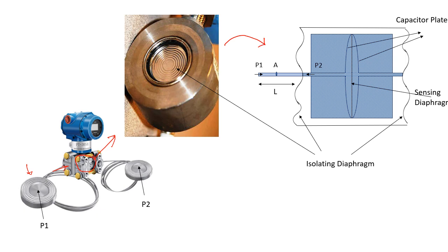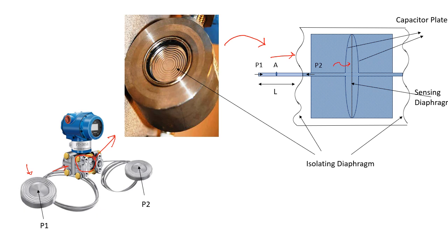So pressure is first exerted on the isolating diaphragm. It transmits through the capillary and goes into the isolating diaphragm. Now the isolating diaphragm is inside the transmitter and it is sealed. When the pressure falls on this isolating diaphragm, it is transmitted through the fill fluid within the pressure capsule, and ultimately the pressure gets exerted on the sensing diaphragm.